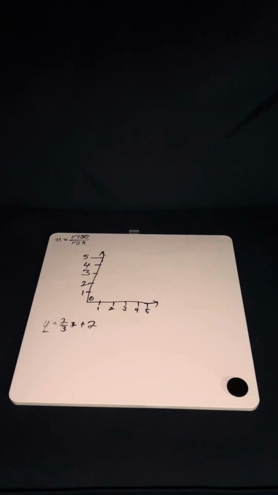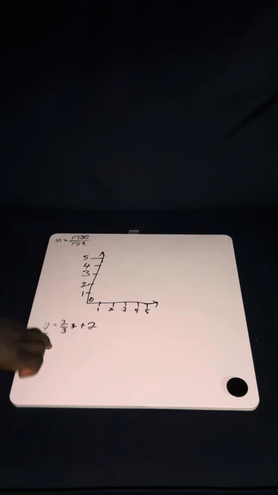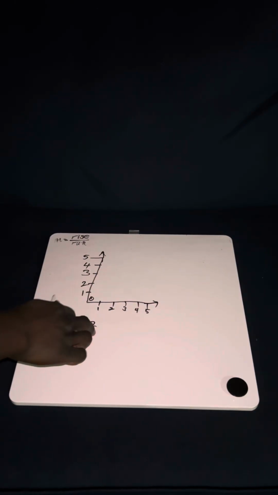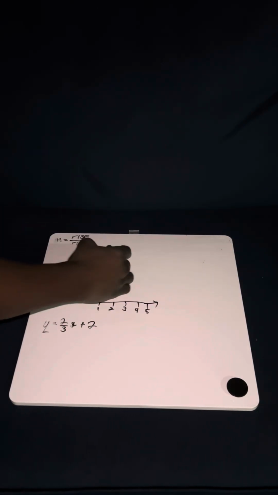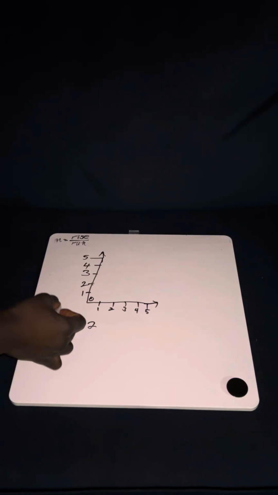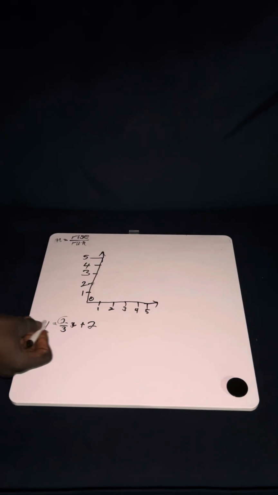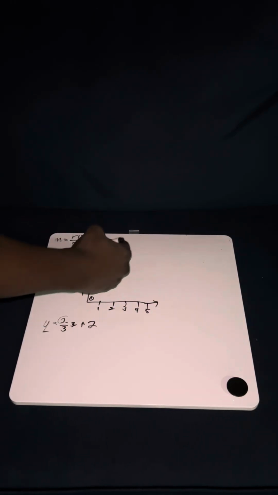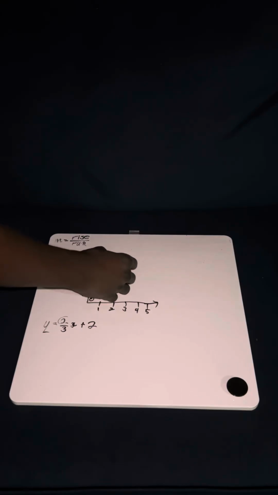So let's compute an example here. The 2 here is the y-intercept, so you plot it here without wasting much time. And the rise is 2, and it's also a positive figure, so you move 2 times upward, 3, 4, and you plot it here.